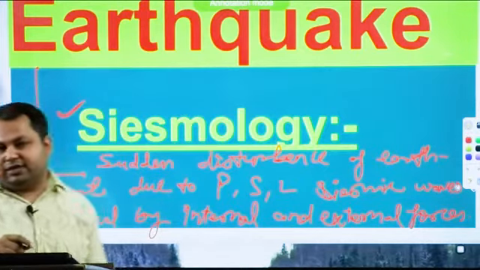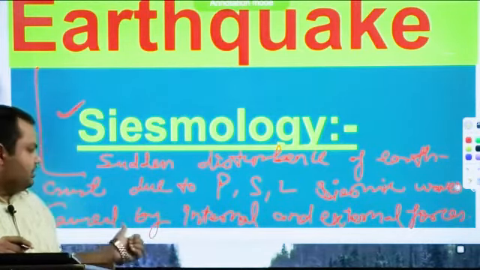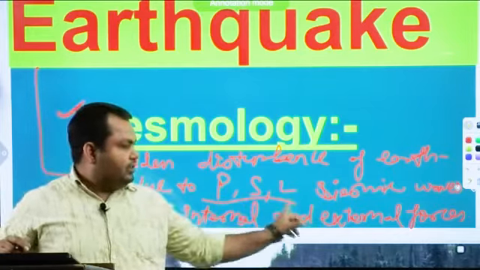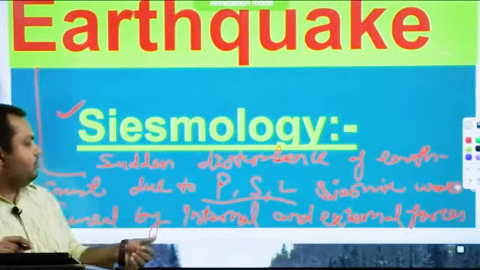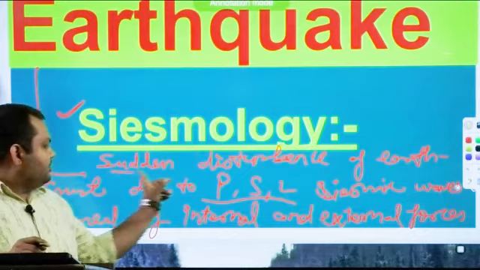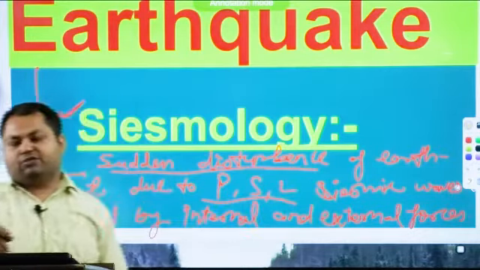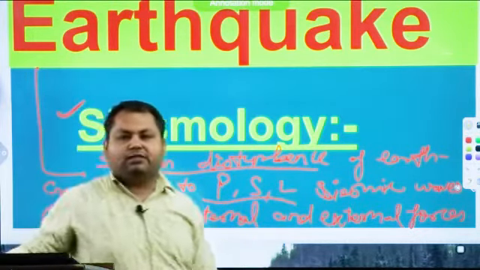Internal and external forces lead to the origin of PSL seismic waves, and these PSL seismic waves result in sudden disturbance of earth crust, that is called as earthquake.